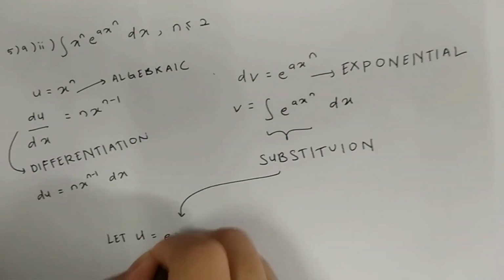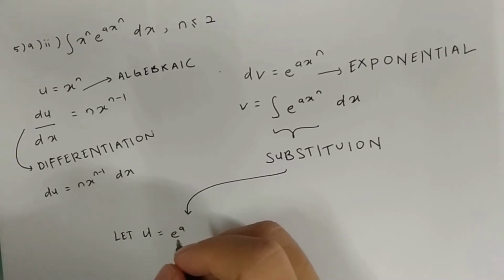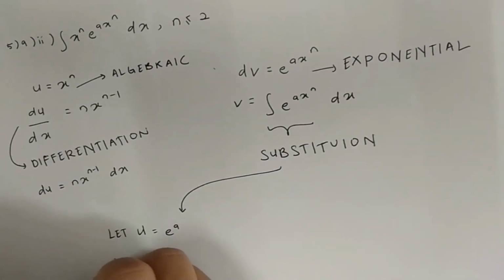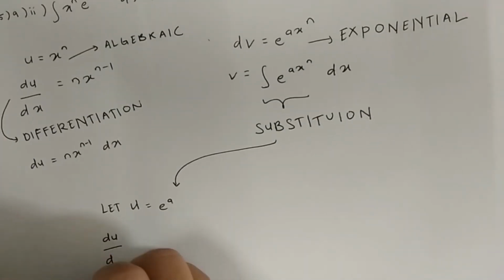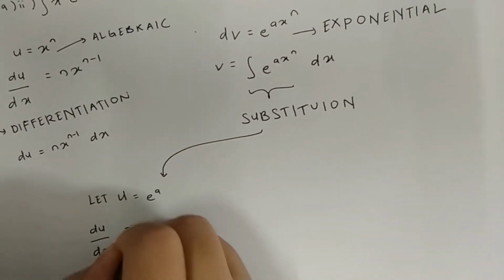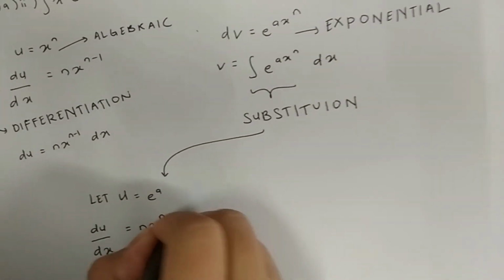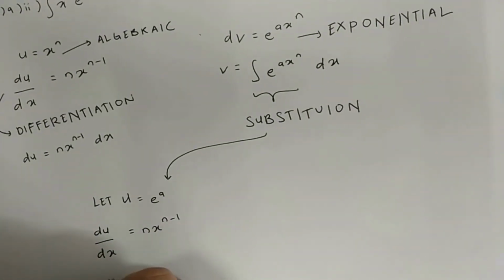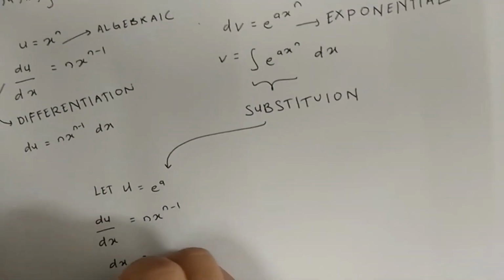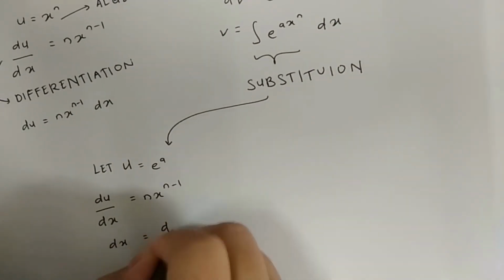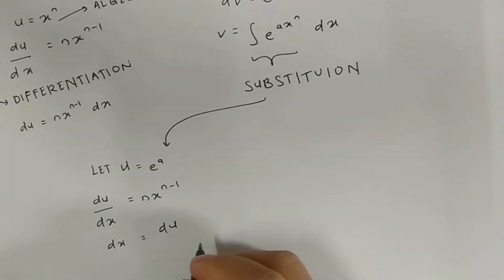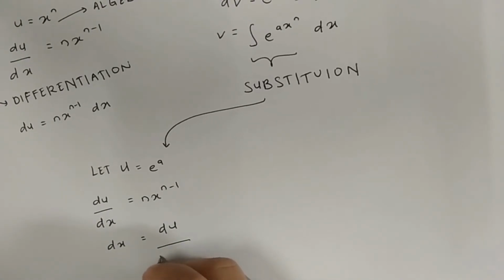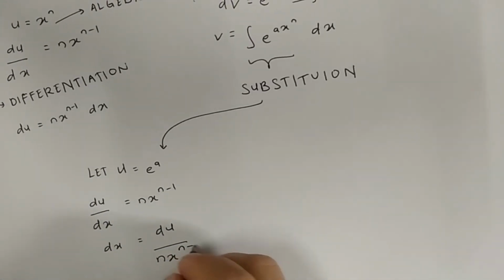First, we need to let u. To pick the u, we need to pick the hard part to do the differentiation, and in this case, that part is a x to the power of n. And then we need to do the differentiation for x to the power of n. The differentiation of x to the power of n is n x to the power of n minus 1. We need to leave the dx on the left side.